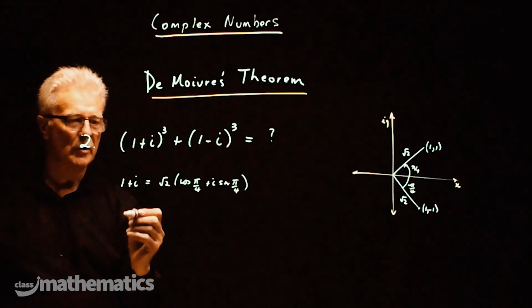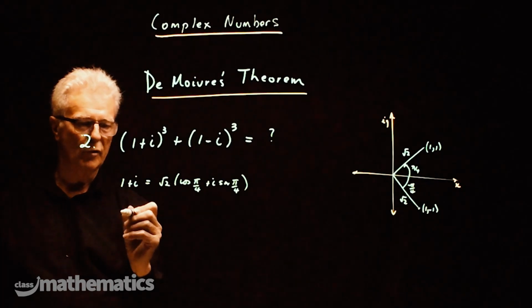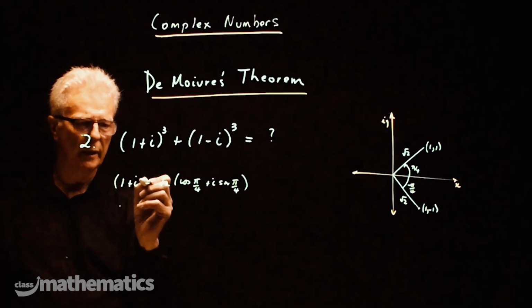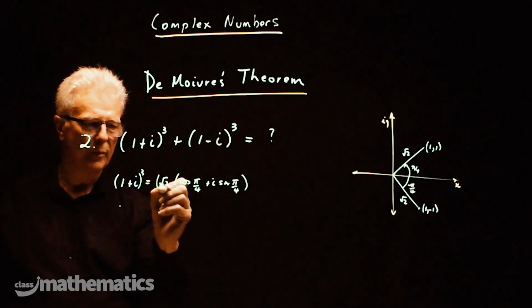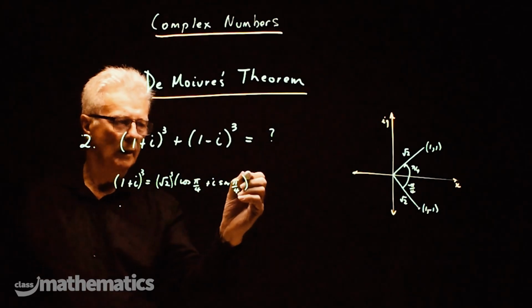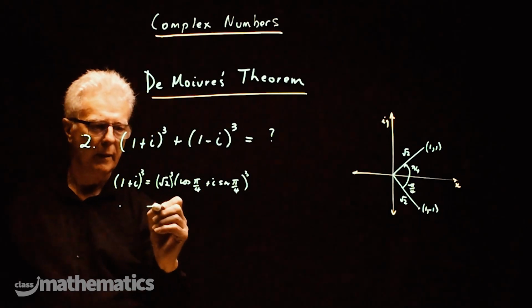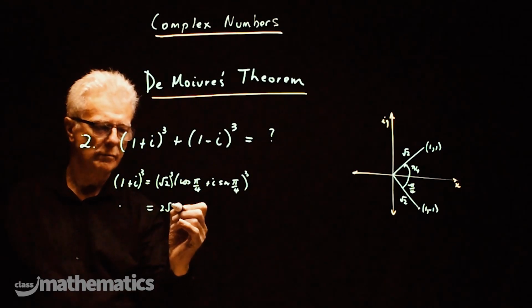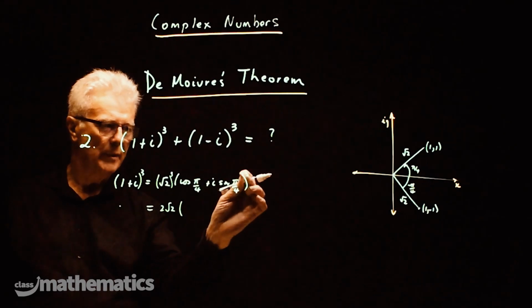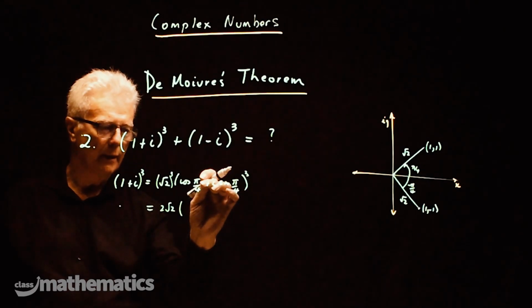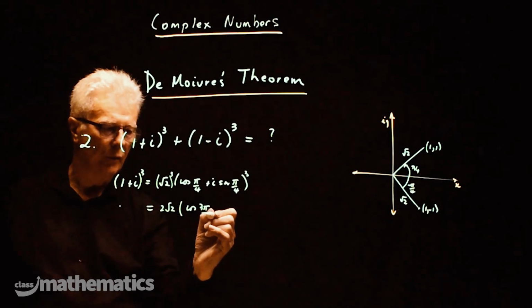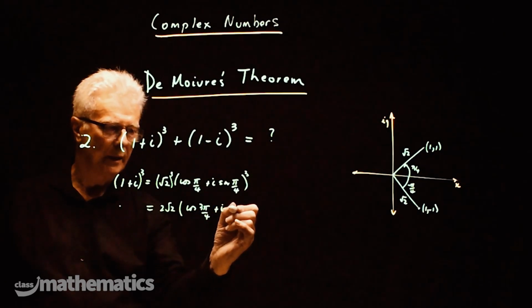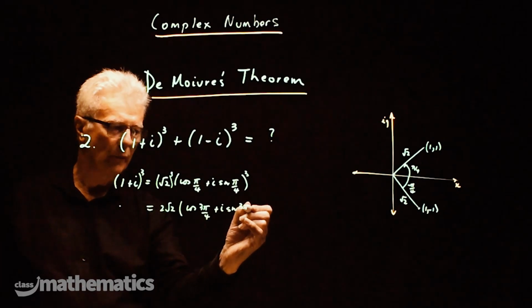When you cube that, it becomes 2 root 2, and we multiply the argument, so the cos of 3 pi upon 4 plus i sine of 3 pi upon 4.